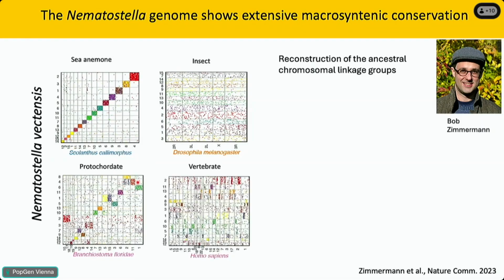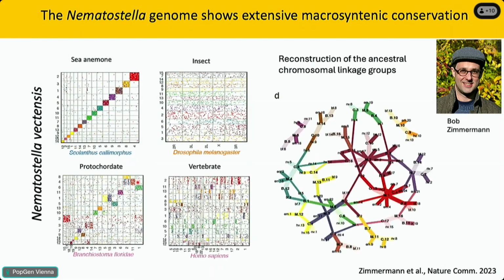And similarly, even in vertebrates, which underwent 2 rounds of whole genome duplications, the picture looks a bit more complex, but still you see these blocks of macrosyntenic conservation.